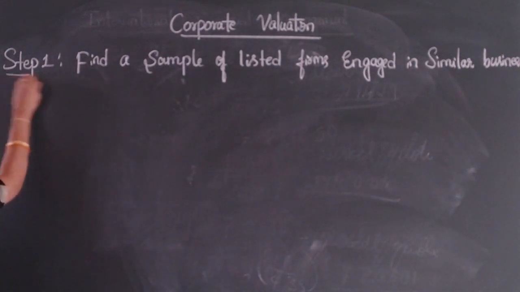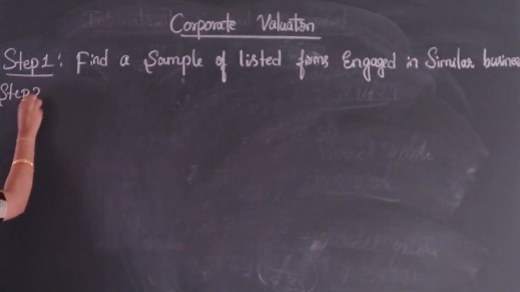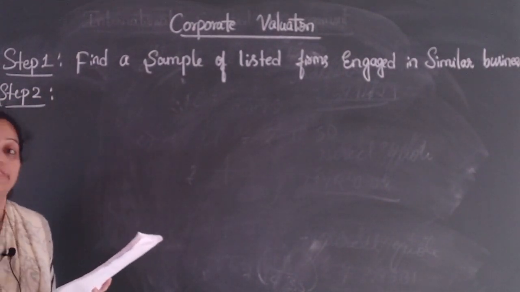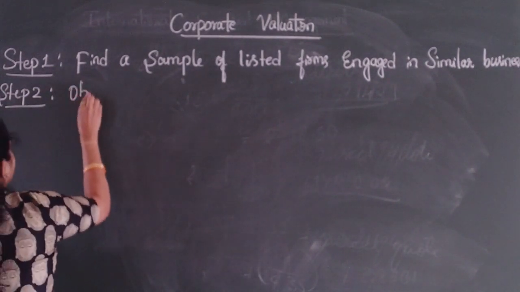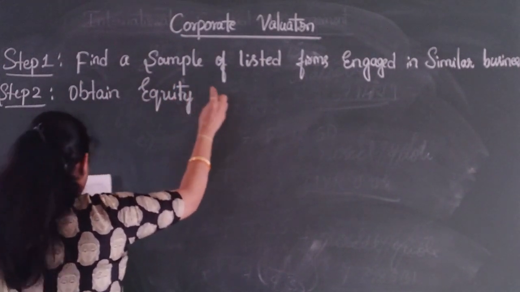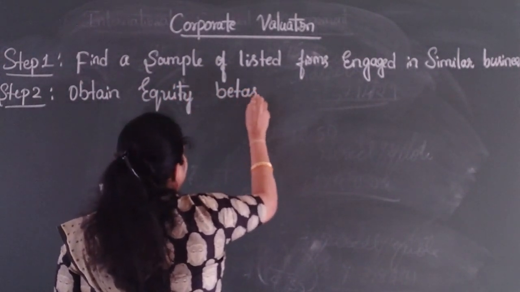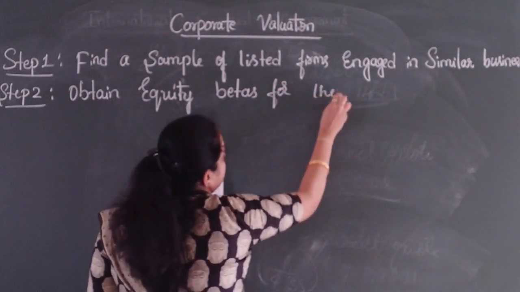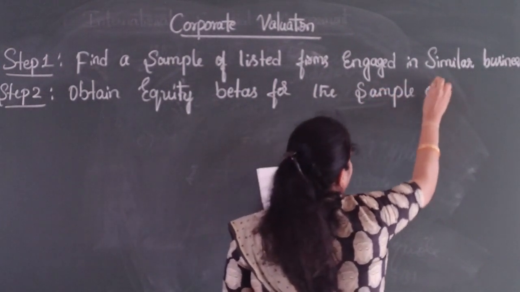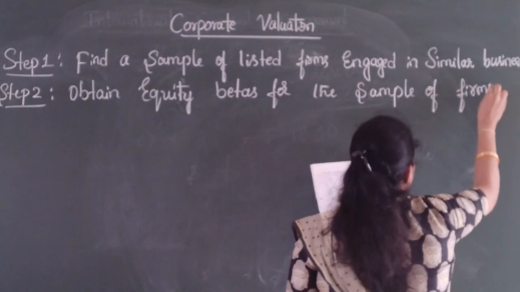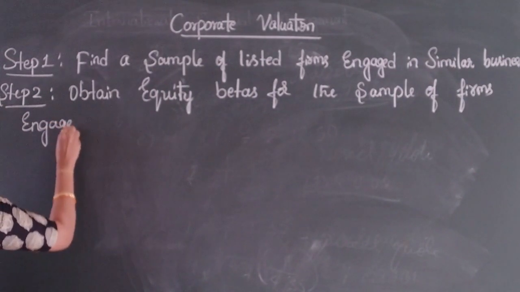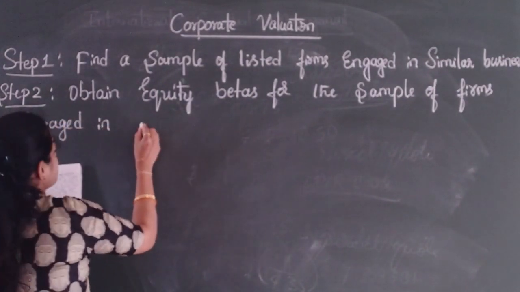Second step says, obtain equity betas for the sample of firms engaged in similar business.